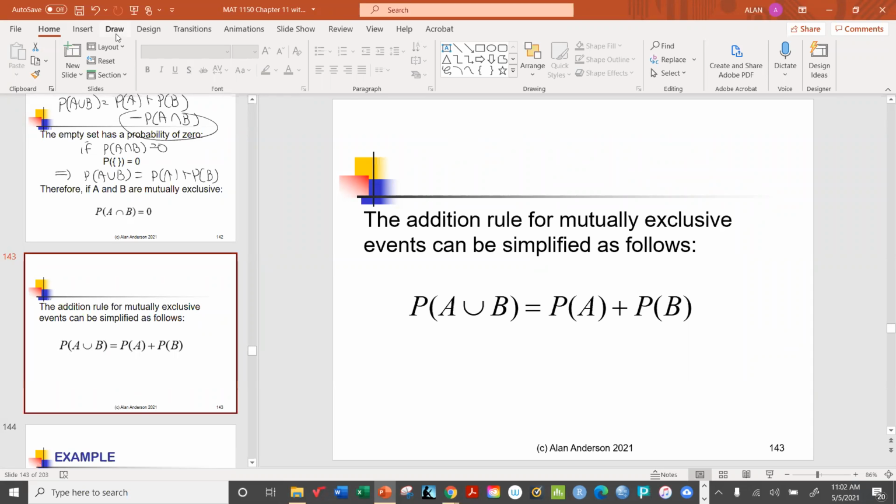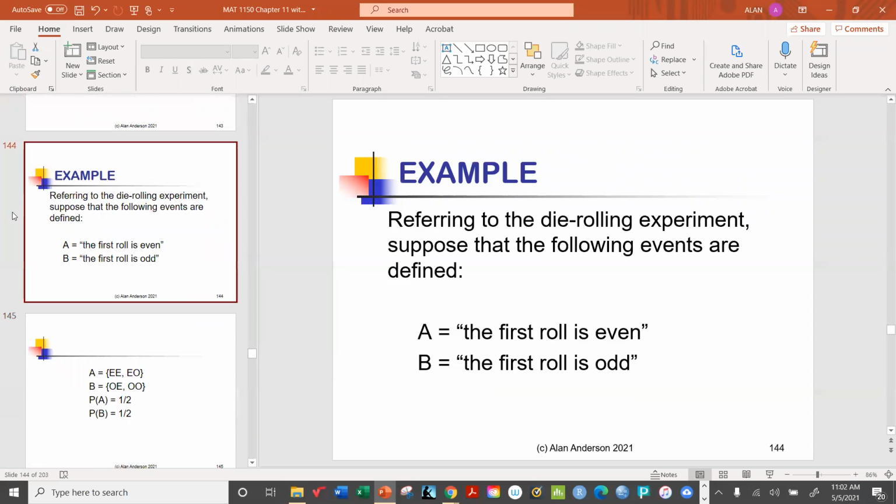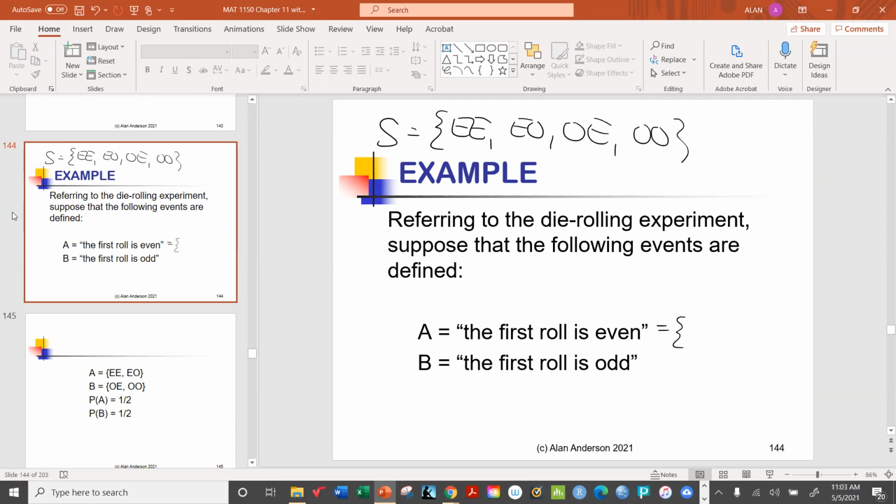Here's a quick example using the same setup. Our sample space is EE, EO, OE, and OO, each of which is equally likely. The first roll is even would be the set containing EE and EO, and the first roll is odd would be OE and OO.